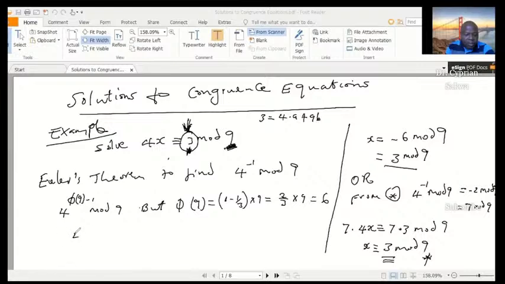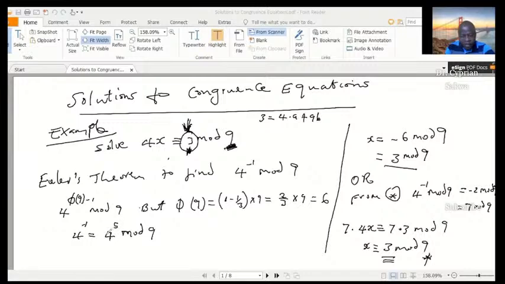So that means the inverse of 4 would be 4 raised to 6 minus 1, which is 5, mod 9. Now this is a very small number, so we can just take 4 and raise it to 5.